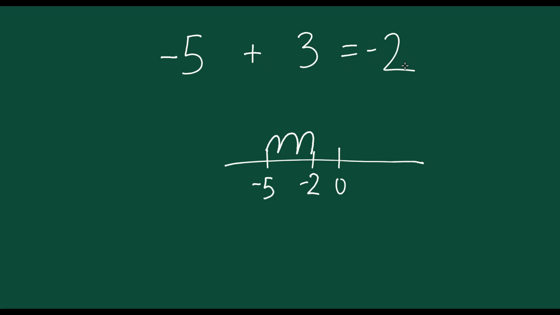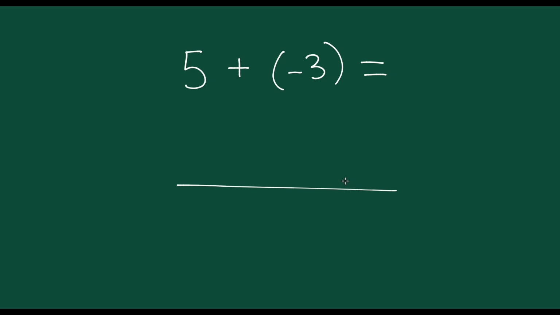Okay, what if it is a 5 plus a negative 3? 5 plus a negative 3. Okay, once again on the number line. So 5 in this case, if it's 0, 5 would be here to the right this time because it's positive.